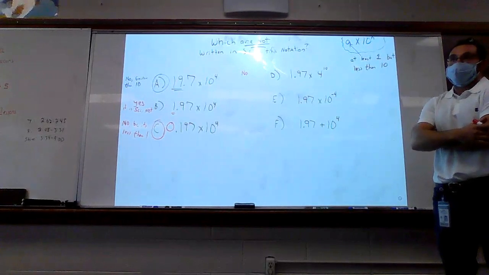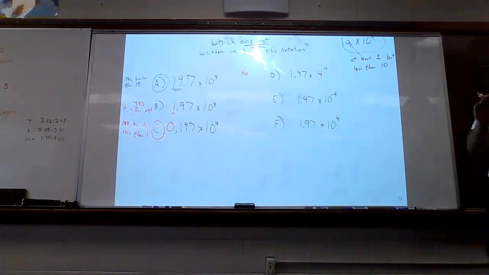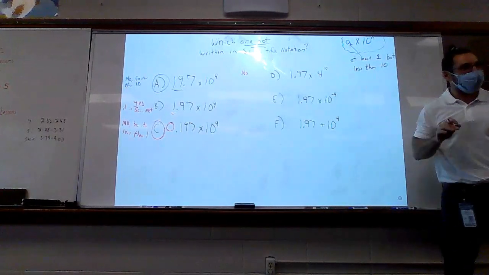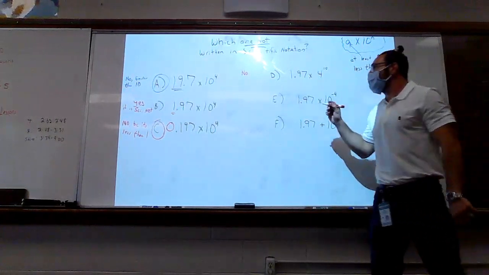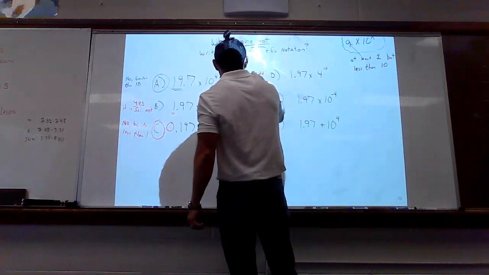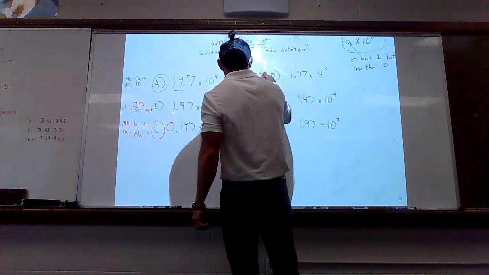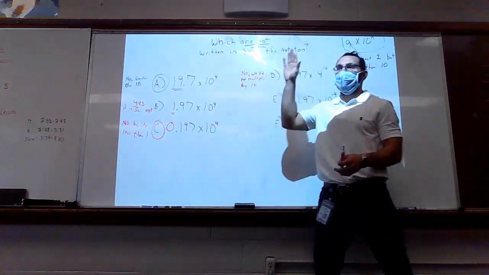Because the base with the exponent is a 10. Oh, Emma, can I tell you how proud of you I am for that language? The base with the exponent isn't 10. The exponent's 10, but the base is a 4. So, no, we did not multiply by 10.